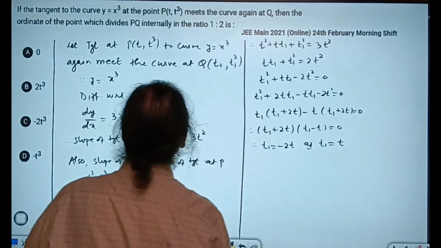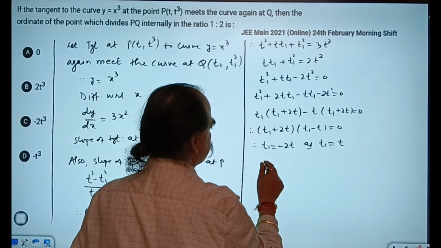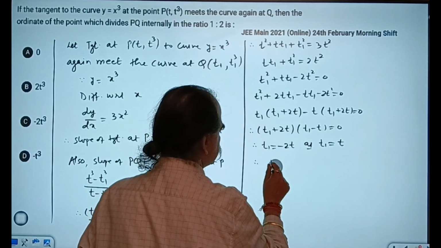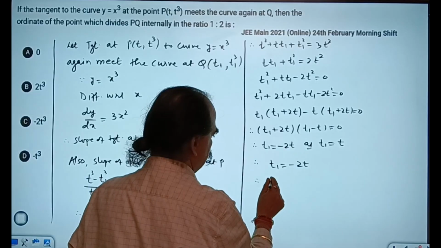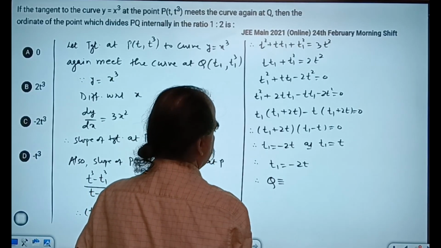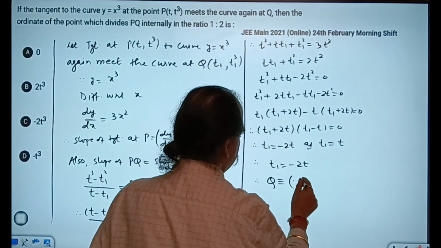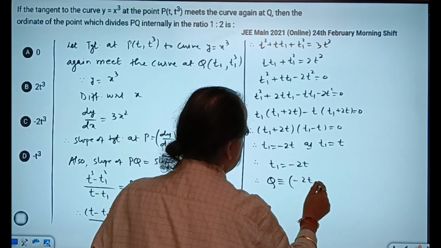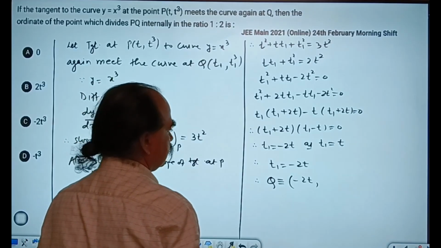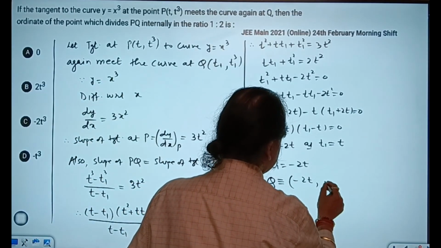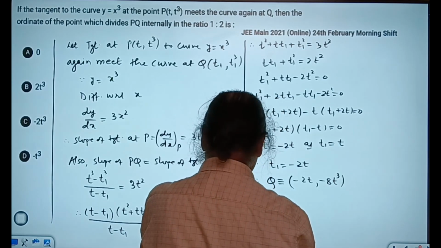But when t1 is t, you get the same point. So Q corresponds to t1 equal to minus 2t. Q will be (minus 2t, minus 8t cube).